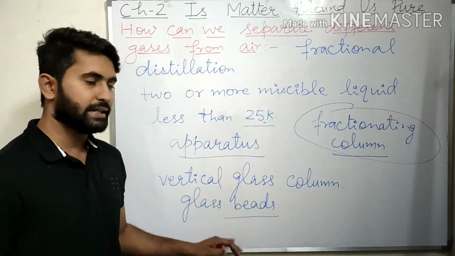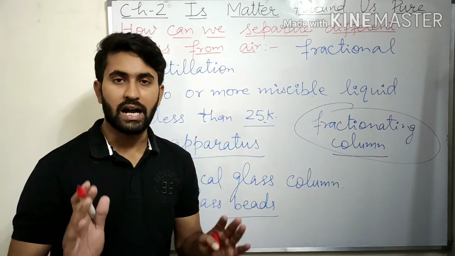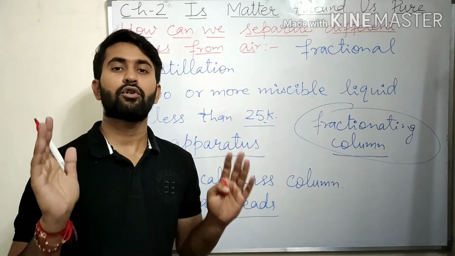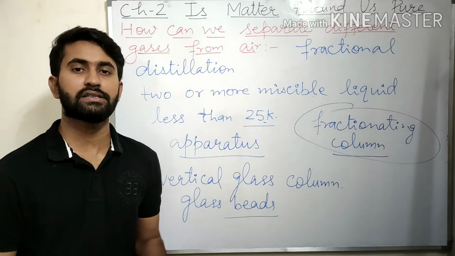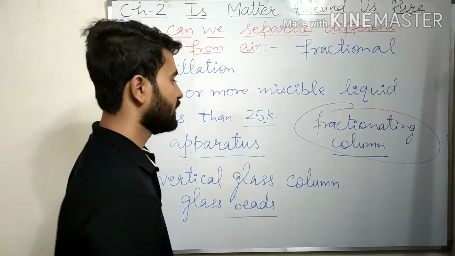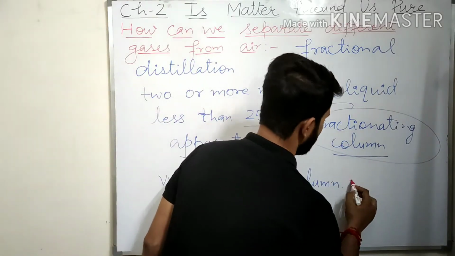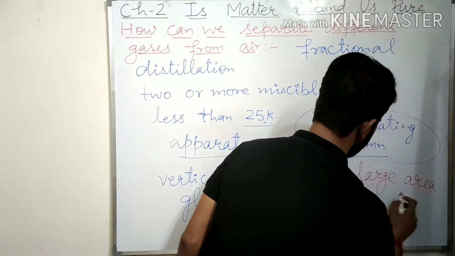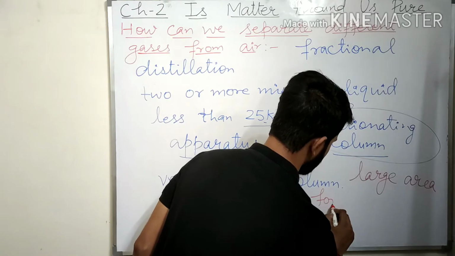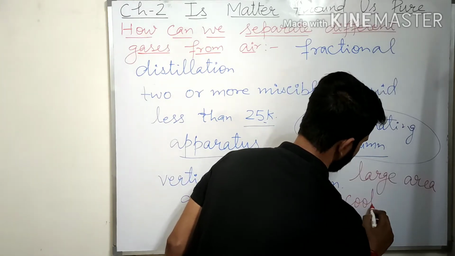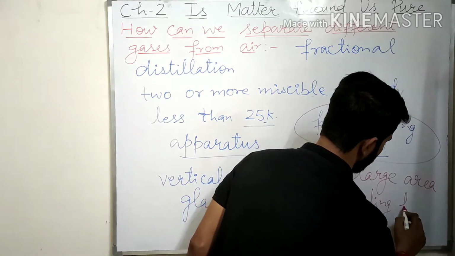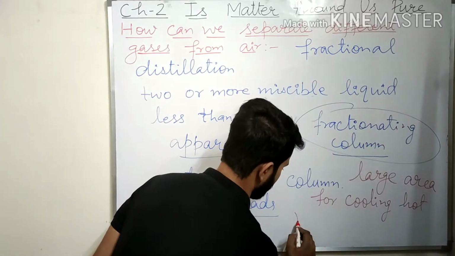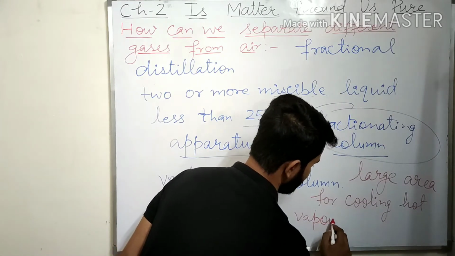The glass beads provide a large surface area for cooling the hot vapors and condensing them.